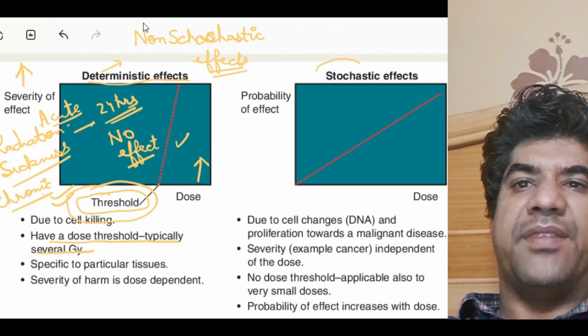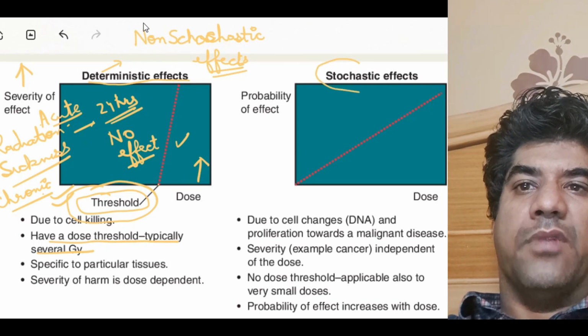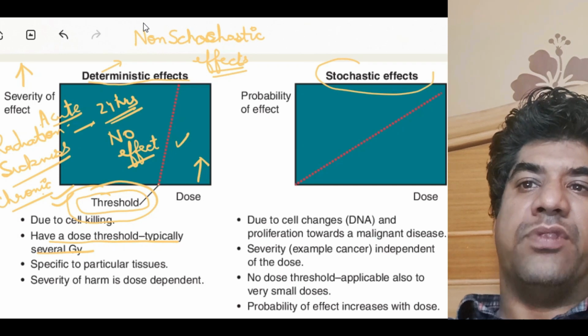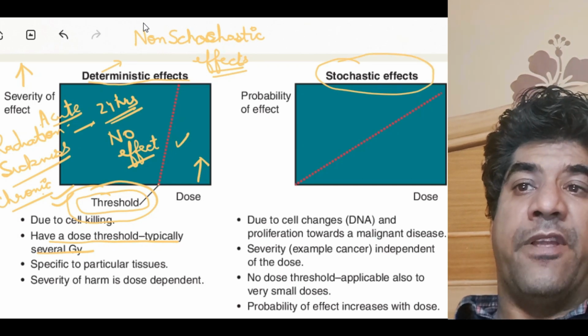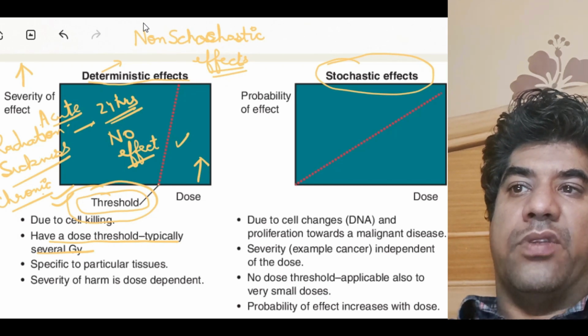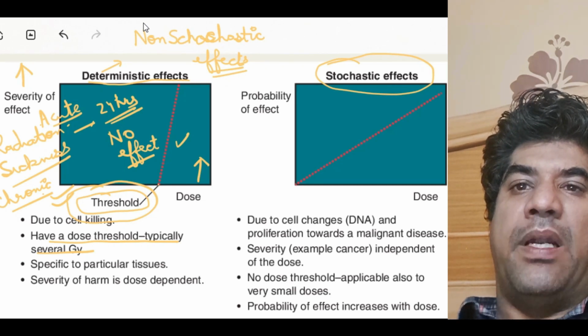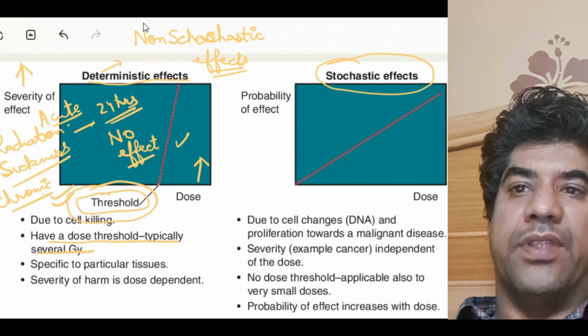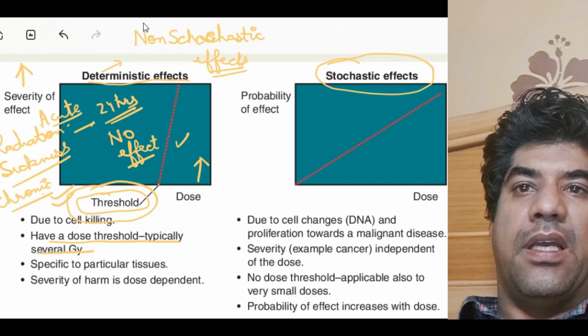What is the stochastic effect? The stochastic effect occurs when a person receives a dose of radiation. These effects have an increased probability of occurrence with increased dose.